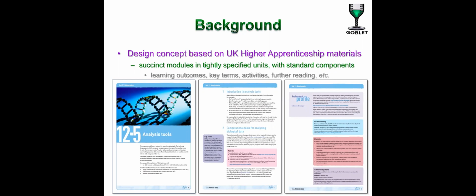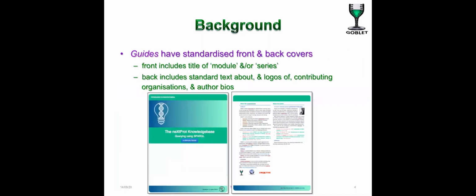So every single module used those components. So the look and feel of them was always the same, and you knew where to find things: if it was pink, it was an activity, if it was purple, it was key terms, and so on. So we adopted the same sort of approach, using obviously more GOBLET and MNet-like colours and branding.